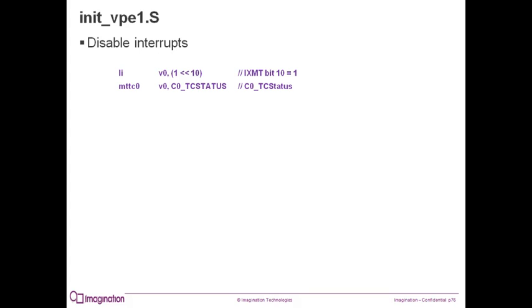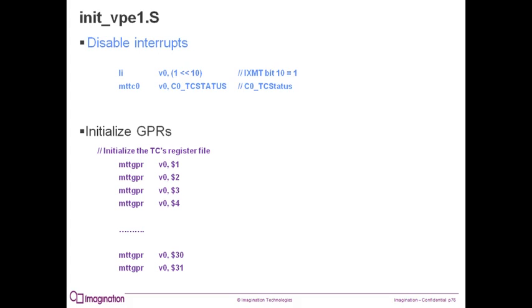It does this by setting the interrupt exempt bit IXMT in V0, and then it moves it to the TC status register. The code then initializes the TC's GCR registers using the same method used in init GPR.S.